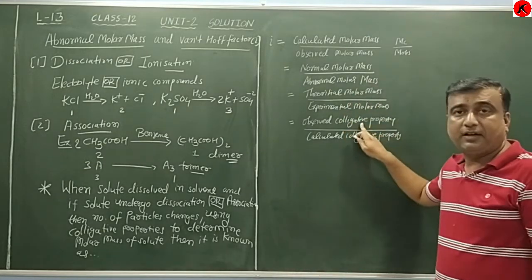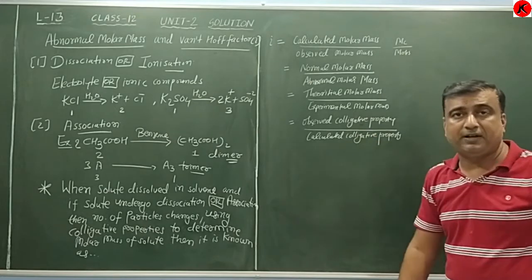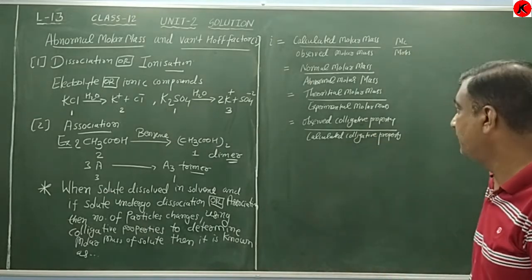That means the experimental value of colligative properties divided by the theoretical value of colligative properties.